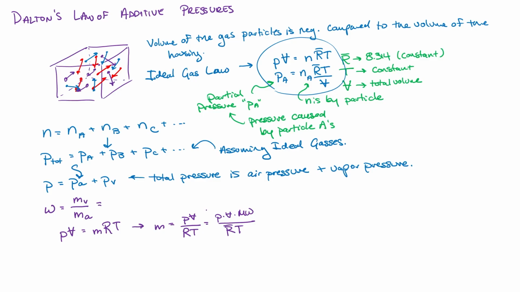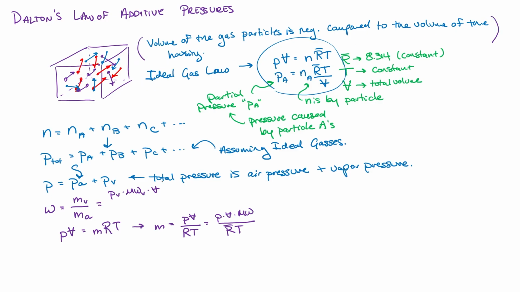And I'm going to take this and move it up here. And what that is going to do is I have the pressure of the vapor, which we said was going to be different, times the molecular weight of the vapor, or molecular weight of water, times our volume. And we said the volume is independent for this. This is where we're getting to Dalton's laws.